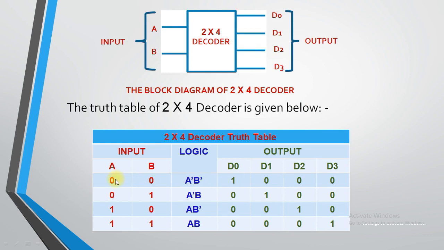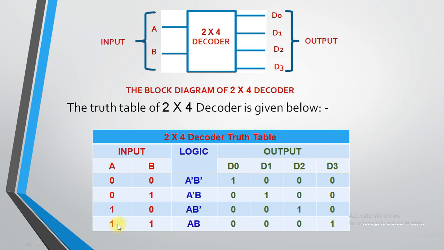In the first case, when A is 0 and B is 0, at that time D0 would be the output, because the remaining all variables contain 0 as a value. Similarly, for the second case, when the value of A is 0 and the value of B is 1, at that time the line D1 is activated. The remaining lines, that means D0, D2 and D3, are deactivated.